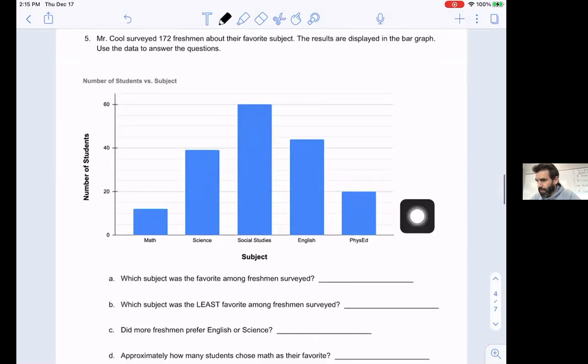So which subject was the favorite among freshmen? I'm looking for the highest bar, and I see that for these freshmen, social studies was the favorite subject. It has the highest bar, up to 60 students of the 172 preferred social studies. Okay.